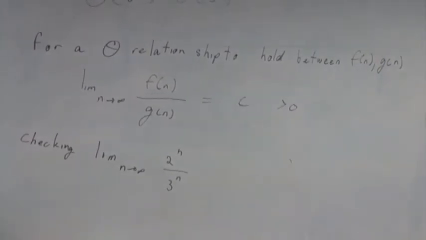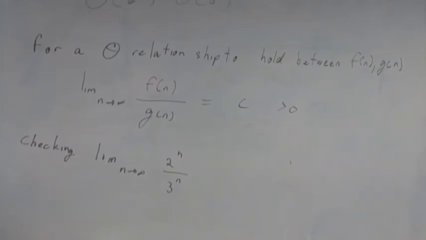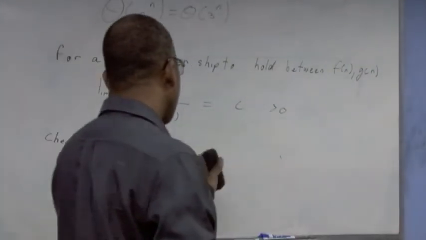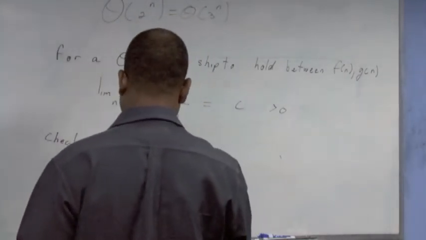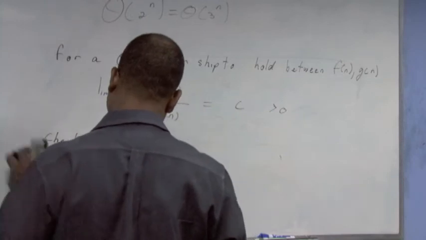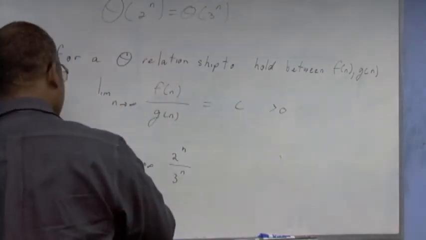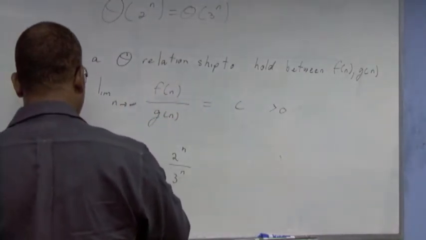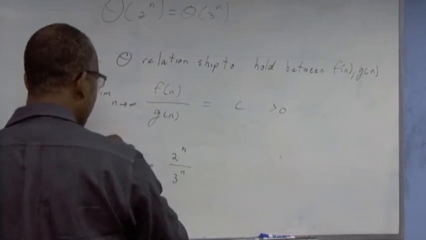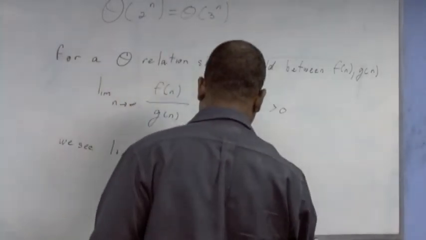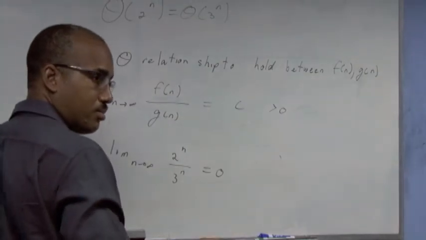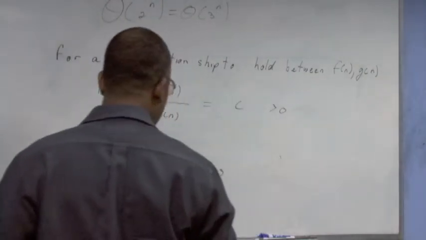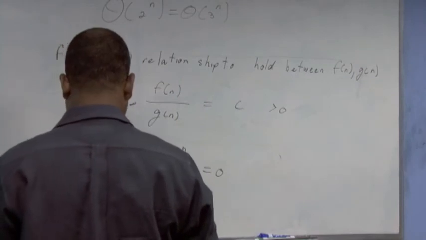Well, f of n is smaller than g of n, so as n approaches infinity, this whole thing would approach 0. We see that the limit is equal to 0.